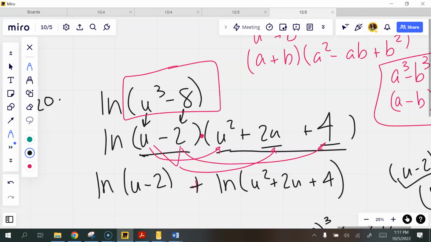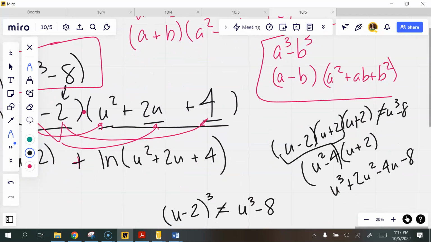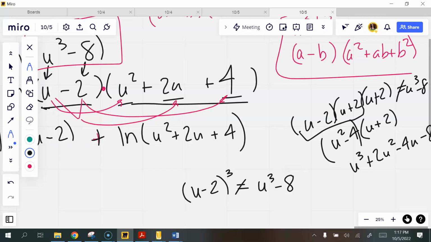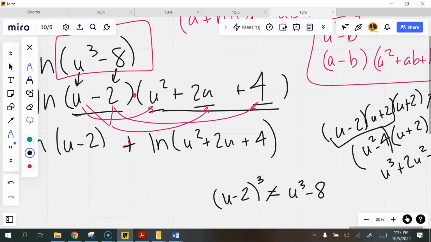I grabbed the one. 11. A is after you've taken the cubed root. Oh, we messed these up. This is just one side.